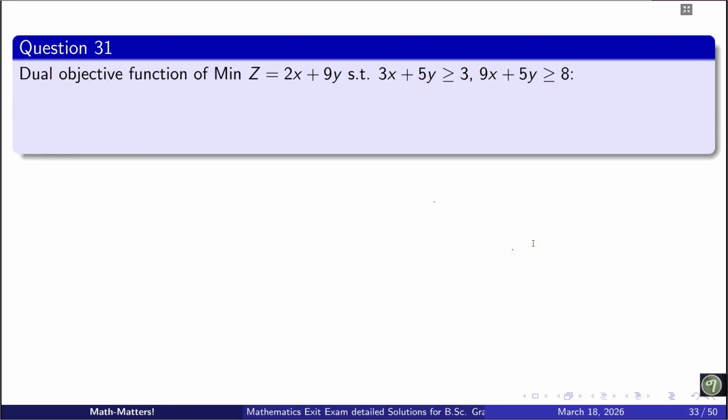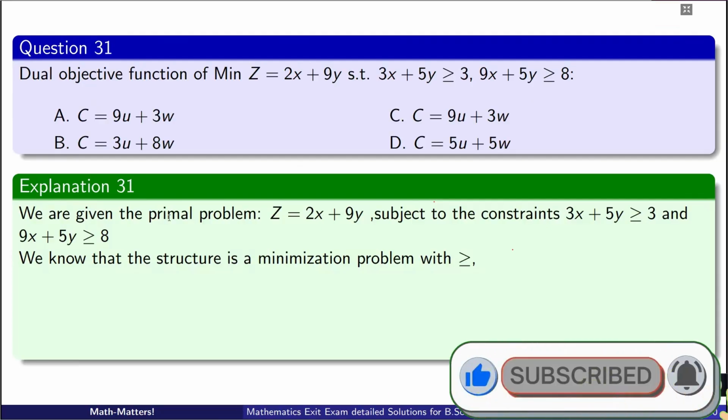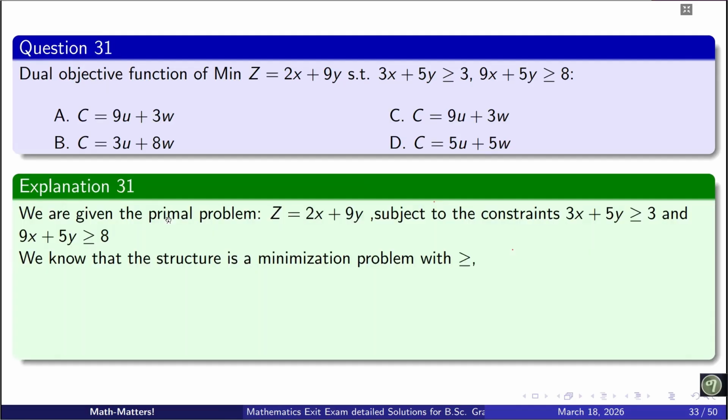Next, the dual objective function of the minimum Z is equal to 2x plus 9y, such that 3x plus 5y greater than or equal to 3 and 9x plus 5y greater than or equal to 8. Here we are given the primal problem: Z is equal to 2x plus 9y subject to the constraints 3x plus 5y greater than or equal to 3 and 9x plus 5y greater than or equal to 8.